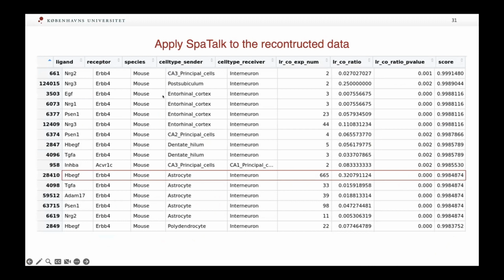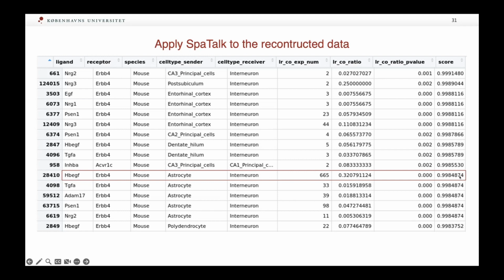After reconstructing the single cell resolution ST data, we can apply a cell communication inference tool to our data. Here, we applied SpaTalk to our reconstructed data, and we selected astrocyte and interneuron that communicate through HBEGF and ERBB4.